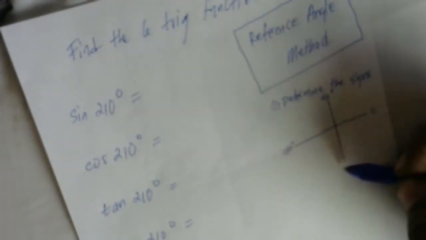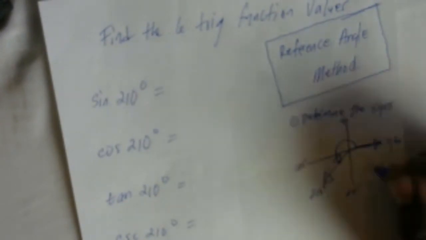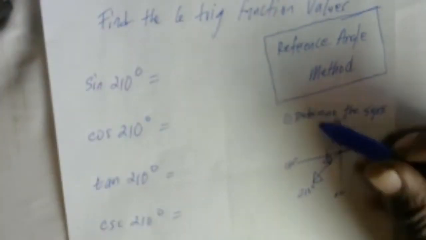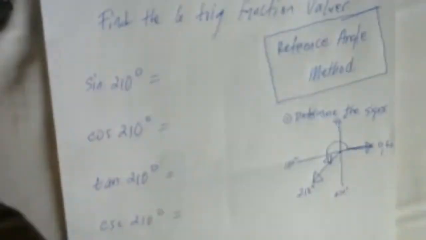This is 0, 90, 180, 270, 360. All of our angles are in standard position, so they start along the positive x-axis. So a 210-degree angle would lie in the third quadrant.